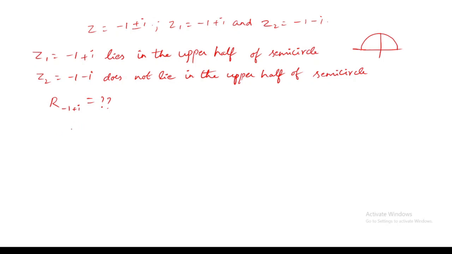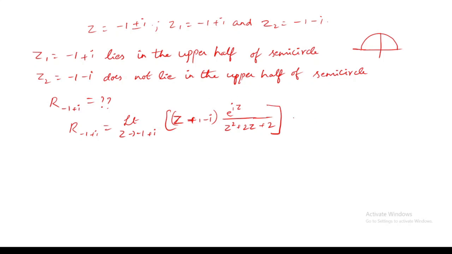The formula is: residue at minus 1 plus i equals limit z tending to minus 1 plus i of (z minus a), which is z minus (minus 1 plus i), times the function f of z. The function f of z is e power iz divided by z square plus 2z plus 2.